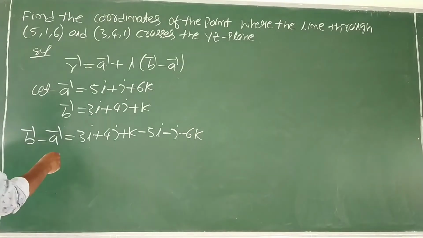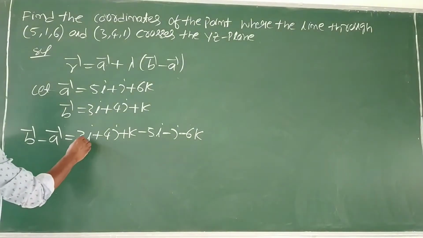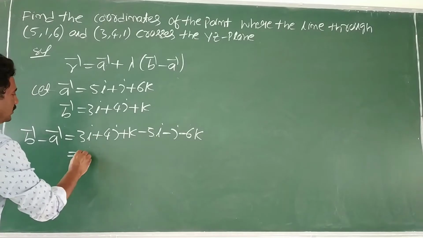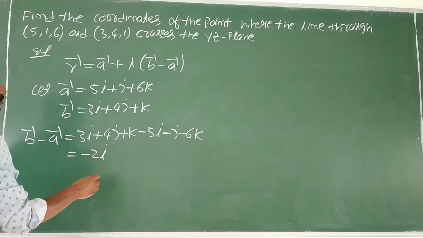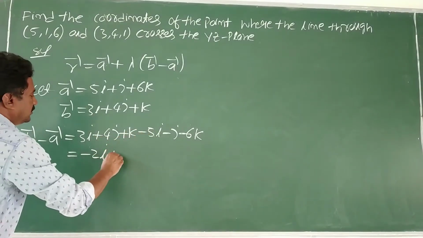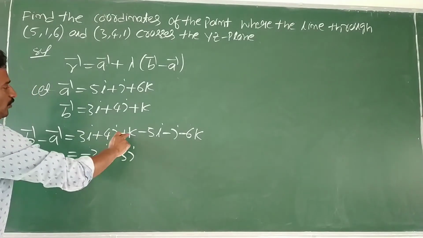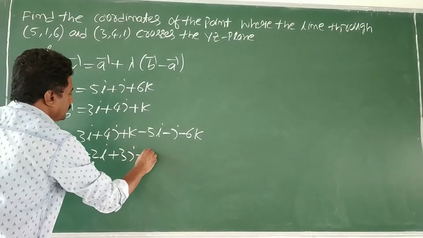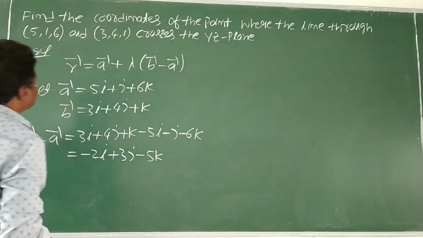Find that, students. So that is 3I minus 5I, minus 2I; 4J minus J, 3J; 1K minus 6K, minus 5K.